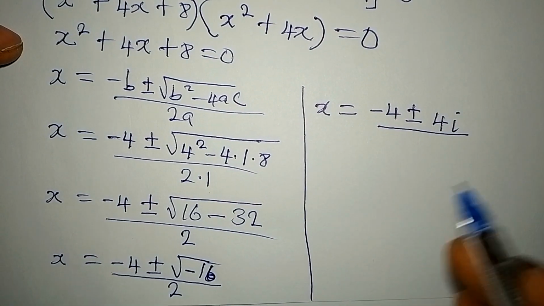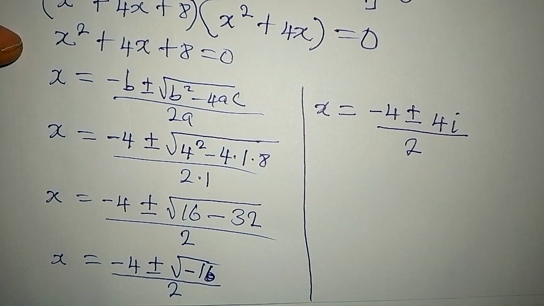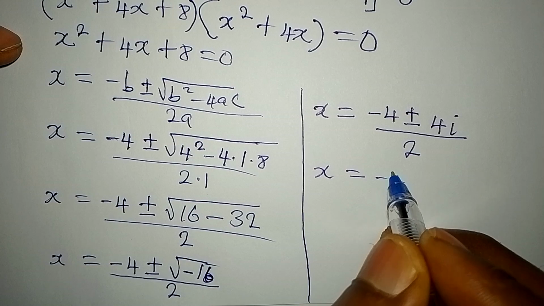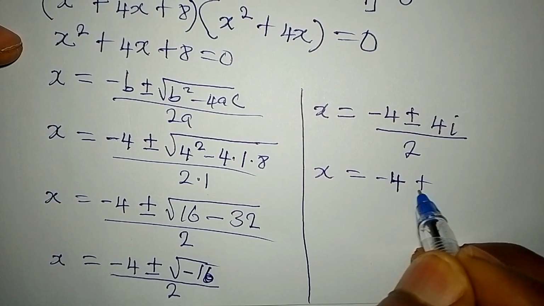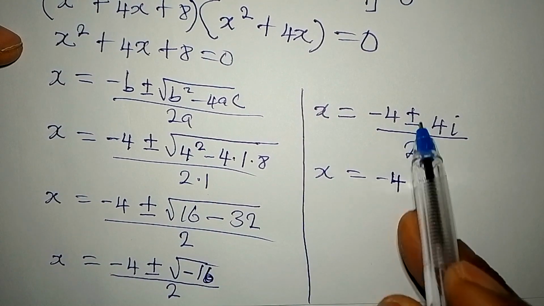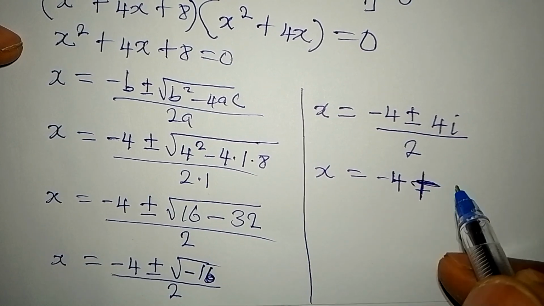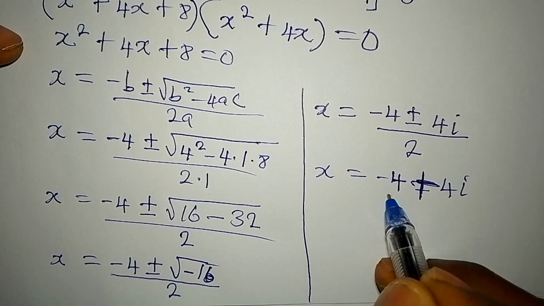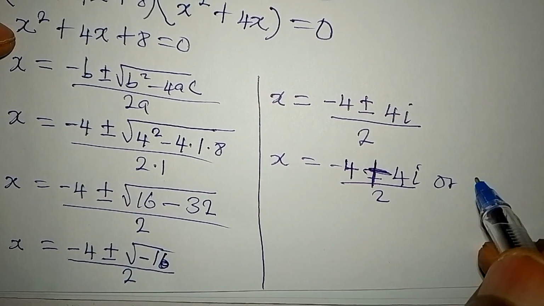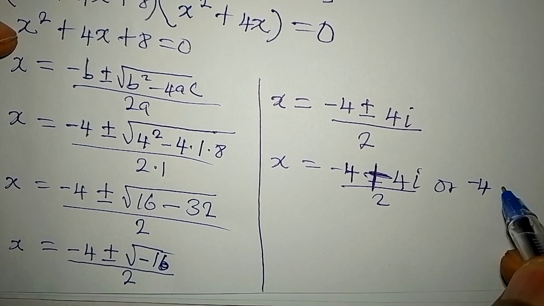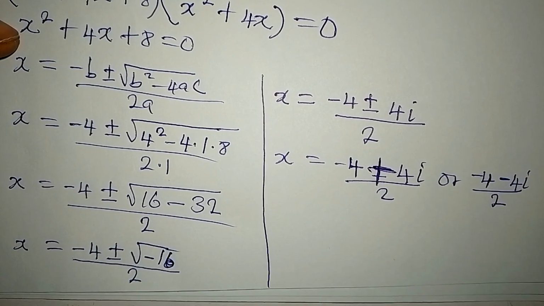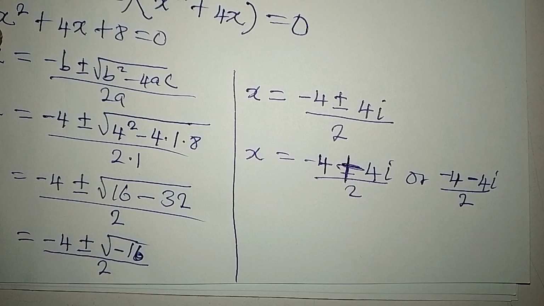Then we divide this by 2. As a matter of fact, we're going to have this in two places because of this plus or minus. So I will use the positive first: (-4 + 4i) over 2, or we'll have (-4 - 4i) over 2.